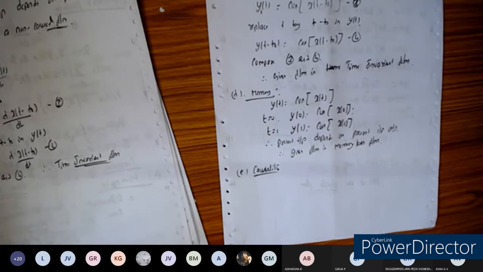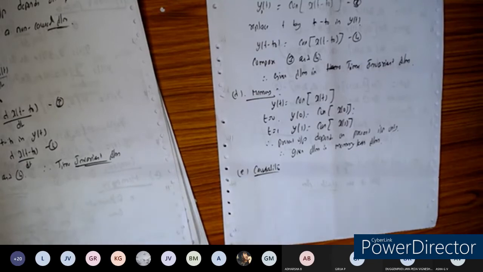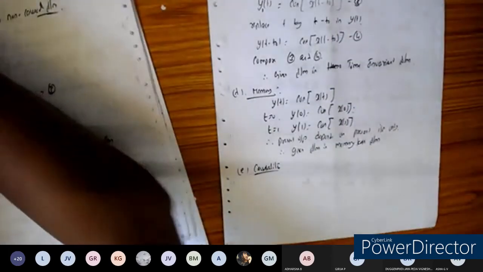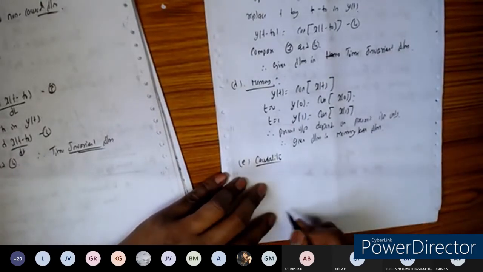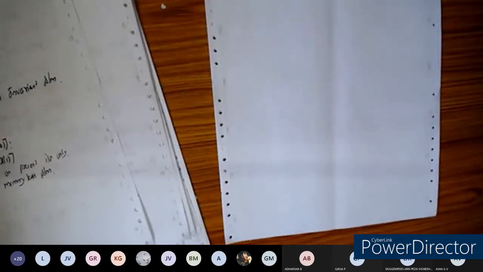Since the present output does not depend on the future values of the input, the given system is a causal system here. Okay, done. Any doubts with this one?